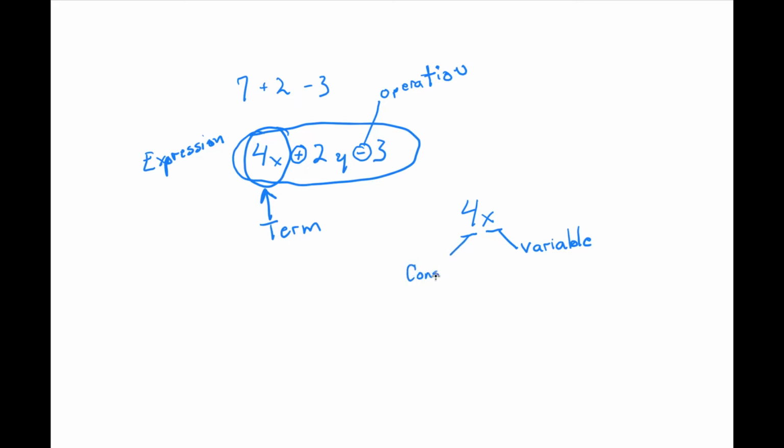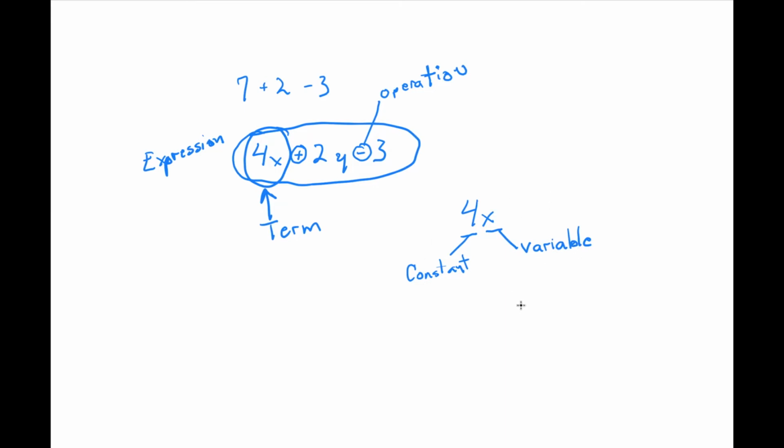And it's called a constant because it keeps the value of 4 regardless of what the value of x is. So it is a constant value of 4, and that's why we call it the constant. The value of x could be 2, so 4 times 2 would be 8. It could be 3. 4 times 3, that would make that 12. That would be the value of that term. We don't know what this is, so the variation that it could refer to makes it the variable. It varies. Okay? So those are the terms.